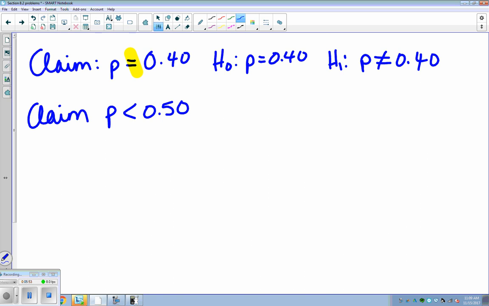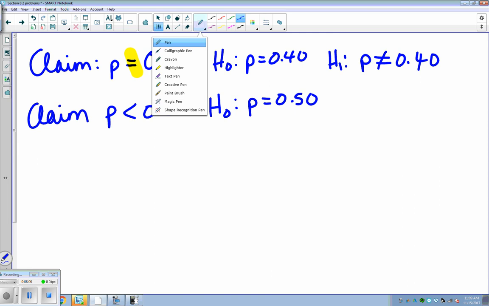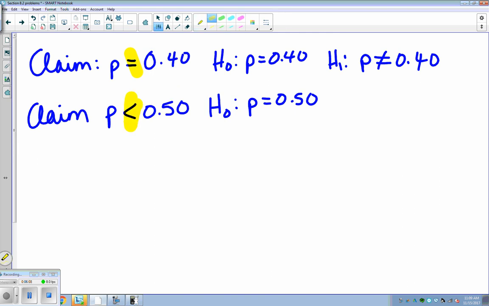Because there is no equality, I still have to have my null hypothesis as being equality. Okay? Because it's only less than, there is no equality there. My alternative hypothesis is going to be exactly the same.